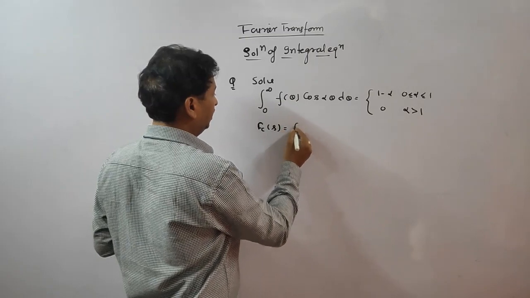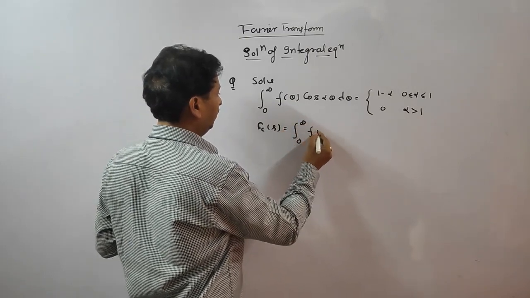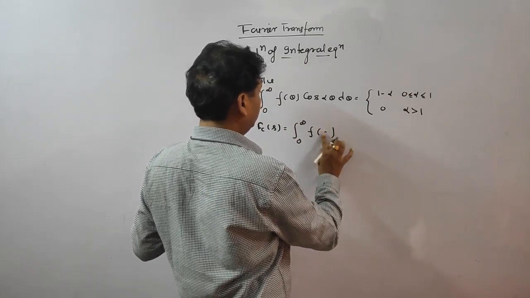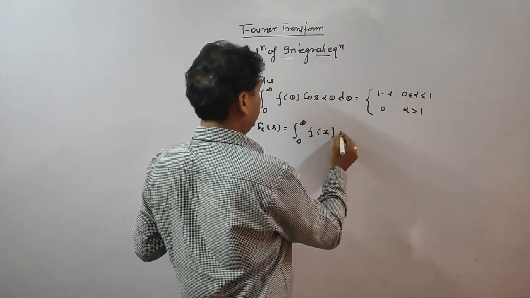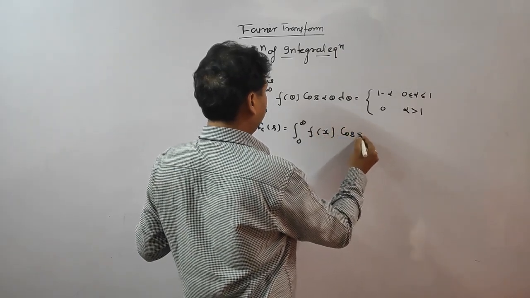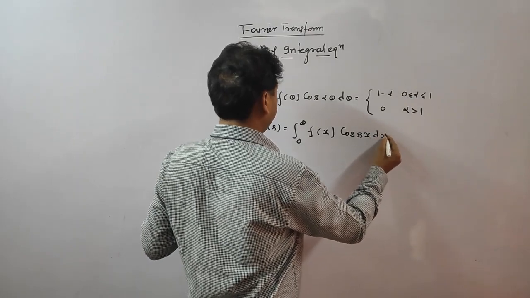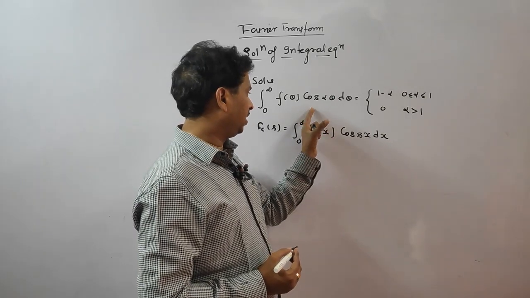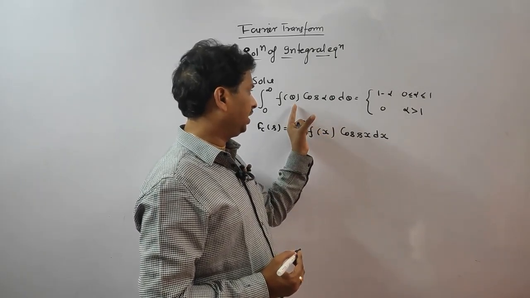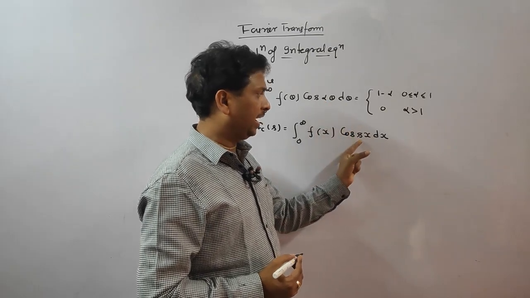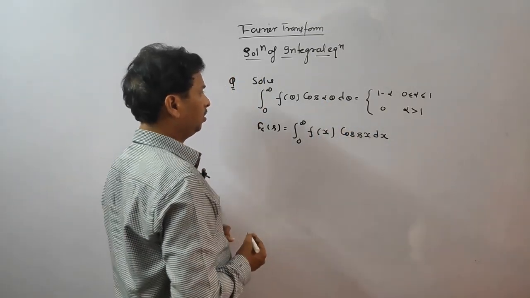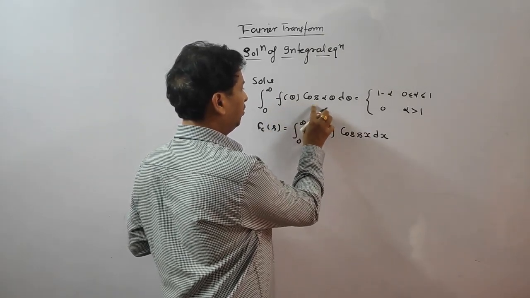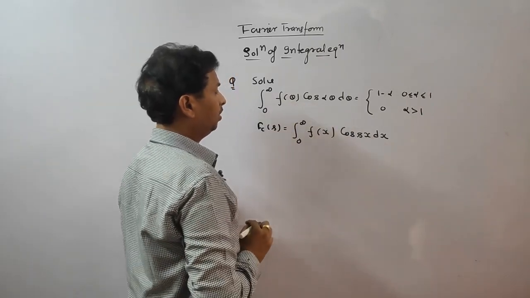Fc(s) is nothing but integral 0 to infinity f(x) cos(sx) dx. So both are very similar, correct? In place of x what is given is theta, and in place of s what is given is alpha. So the left hand side is nothing but the Fourier cosine transform of f(theta).